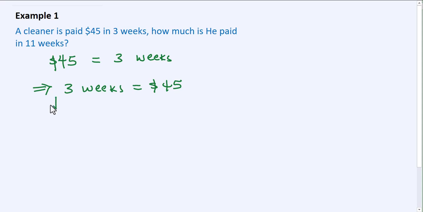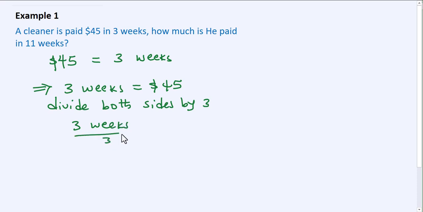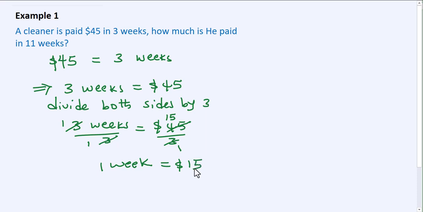So we'll have 3 weeks divided by 3 is equal to 45 divided by 3. The 3's cancel out to give us 1 week. 1 week is equal to 3 into 45, which gives us 15. So it means in 1 week this cleaner makes $15.